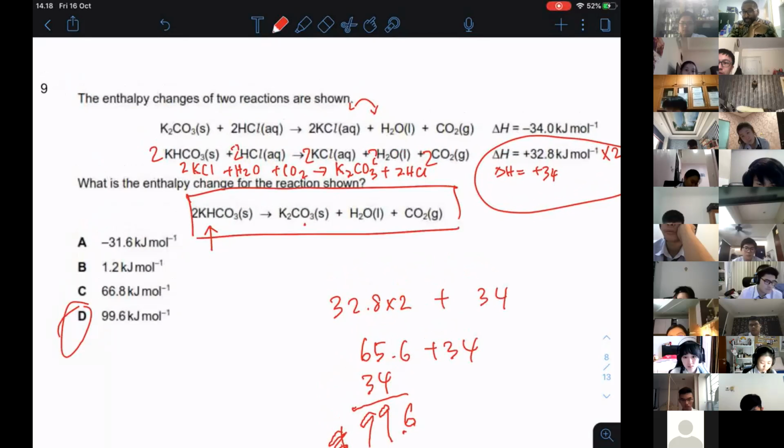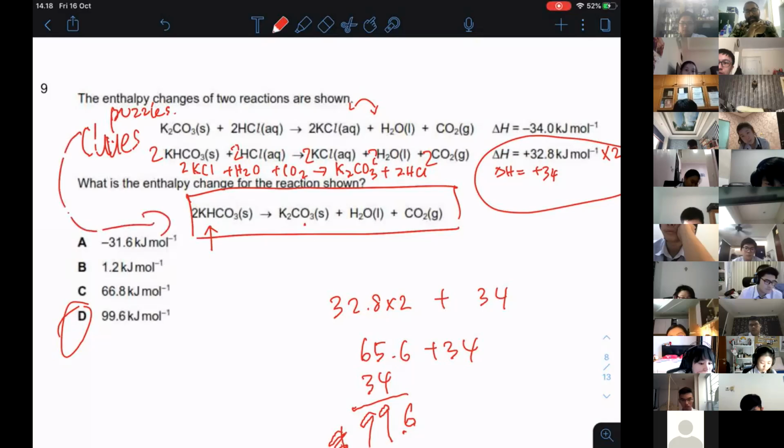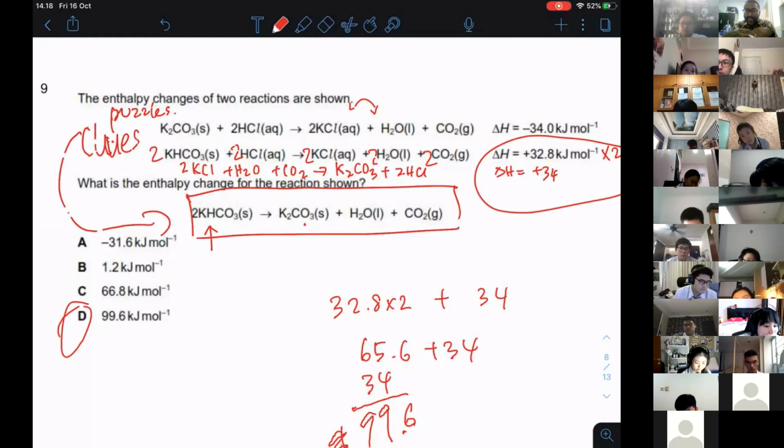These are my clues. Like a puzzle, you want to rearrange the pieces so that you reach here. I'm just giving you a trick to rearrange so that you can solve the puzzle properly.